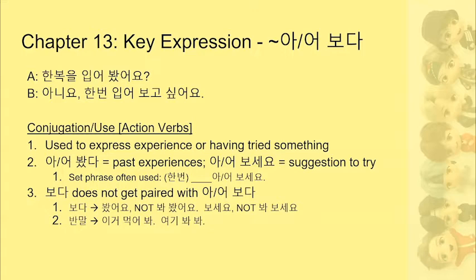And the same thing for 보세요, it's just 보세요, not 봐보세요. This section also notes that you can use this in 반말. So 이거 먹어봐 and 여기 봐봐. So those are in this book said to be correct. And the first example of 봐봤어요 or 봐보세요, those two are not correct.